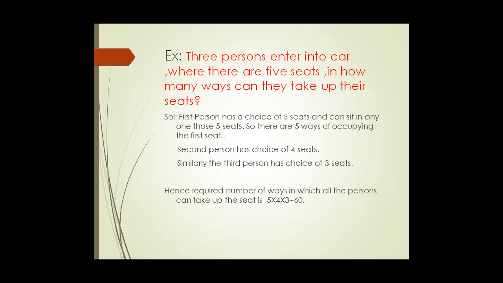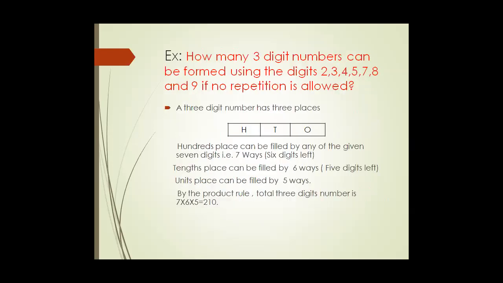For the second person, there are only 4 seats, so 4 ways. Similarly, the third person has only 3 seats, so 3 ways. Hence the required number of ways in which all the persons can take up the seats is 5 into 4 into 3. So there are 60 ways they can take up their seats.